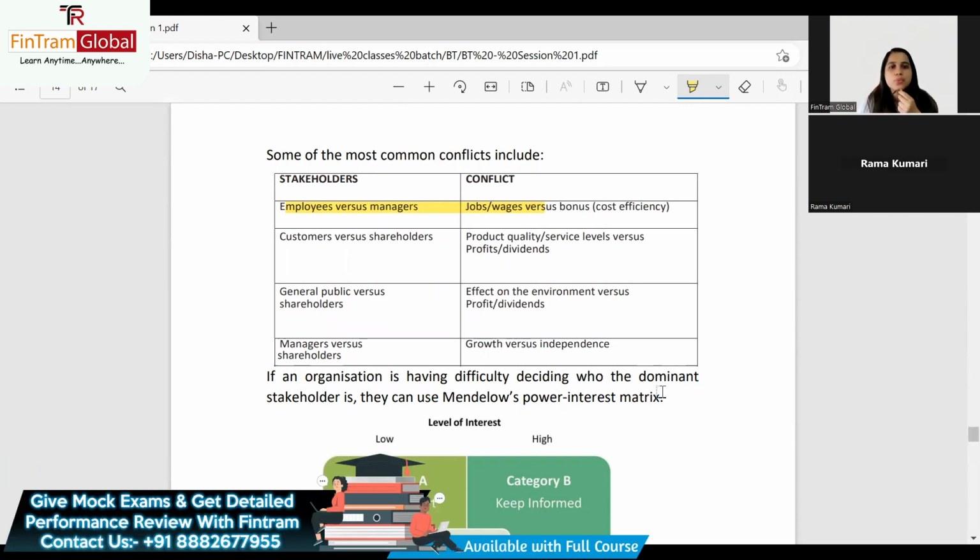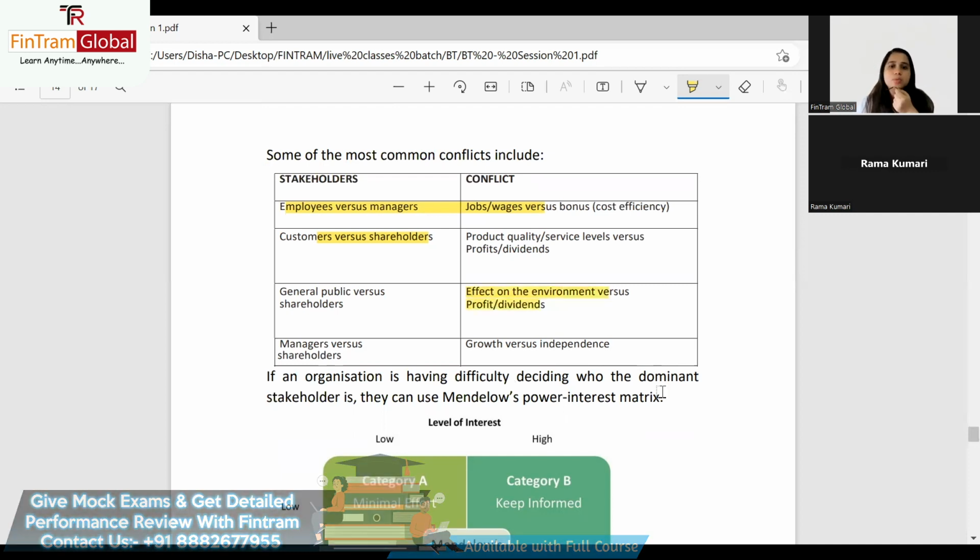Then there's customers versus shareholders. Shareholders want to make money, so for that, they might not worry so much about the quality. They'll be like, okay, make a cheap product so that I can get more money. But on the other hand, what is the customer's want? They want a good product of good quality, basically. Then there is general public versus shareholders, which is the effect on environment versus profit and dividends.